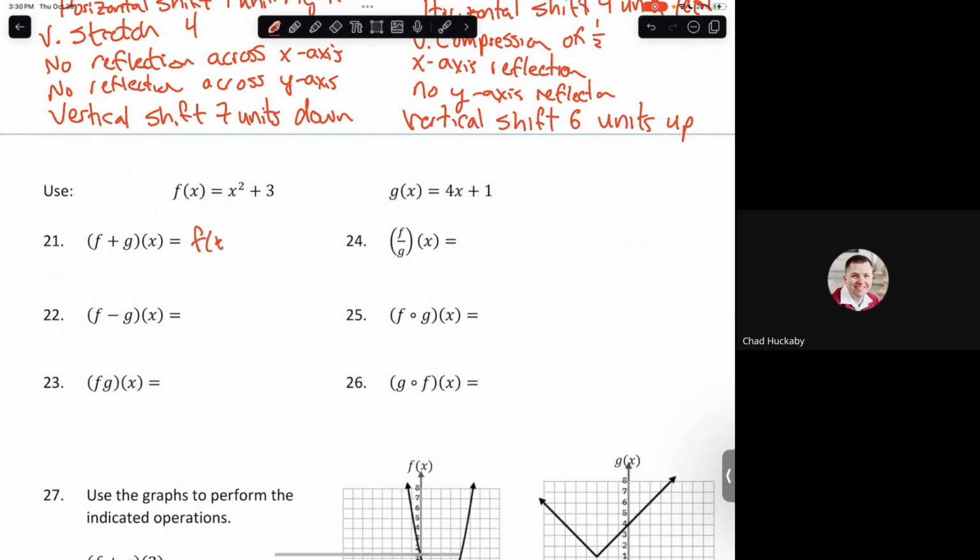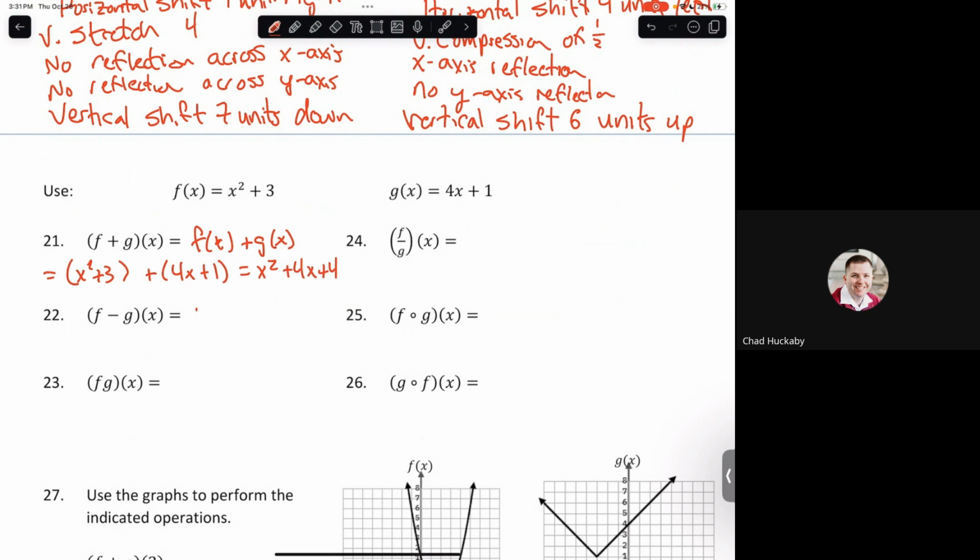So that's f of x plus g of x, which is x squared plus 3 plus 4x plus 1. We collect those like terms to get x squared plus 4x, just one linear term, and then we have 3 plus 1, which is 4.